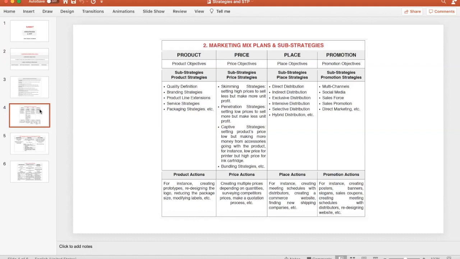And then hybrid distribution is when you work with a combination of direct and indirect, trying to really maximize the potential of reaching the customers and the different objectives that you may have in doing this.